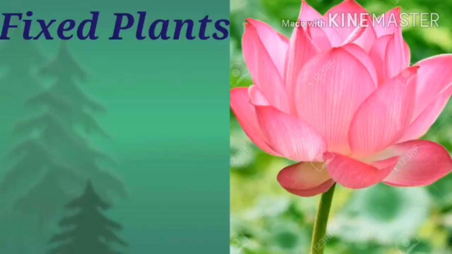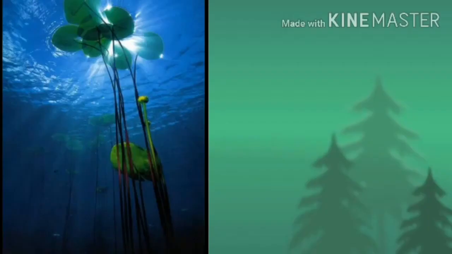Second one is fixed plants. Do you know which is our national flower? Yes, lotus. Lotus is our national flower. Do you wonder why they don't break when the water current is so strong?